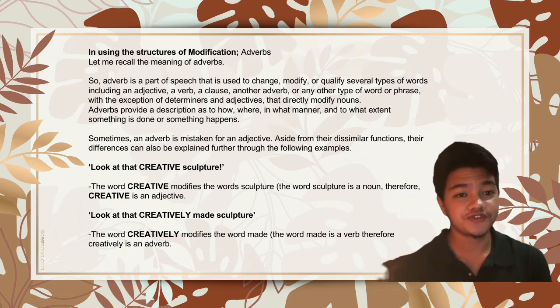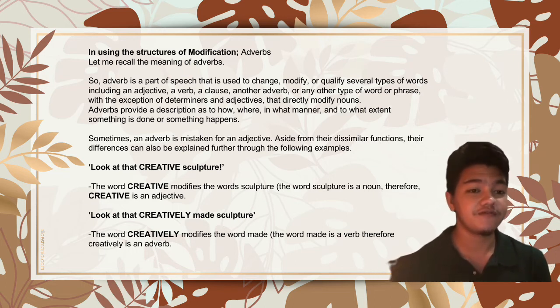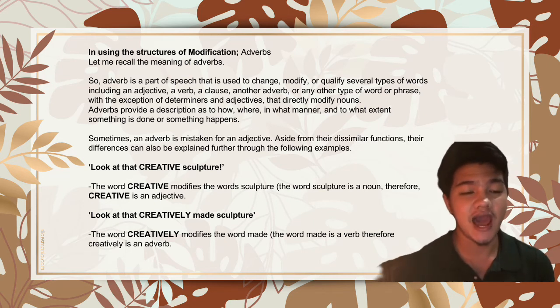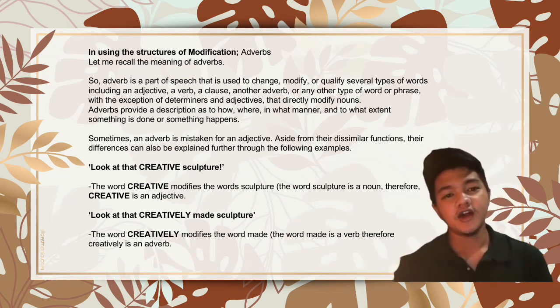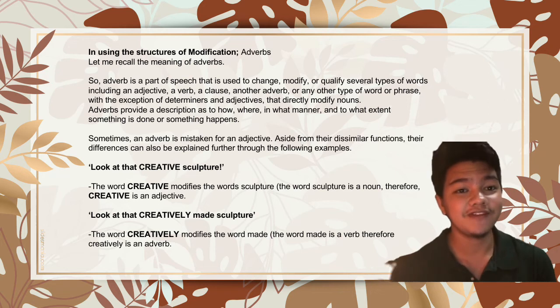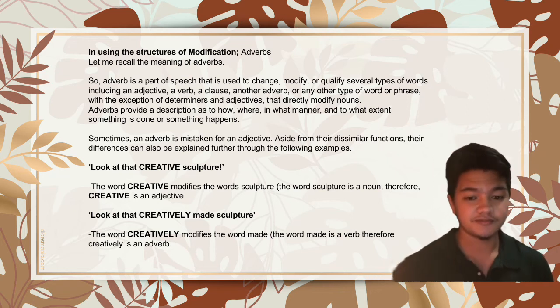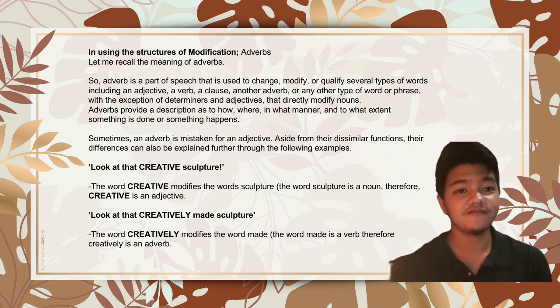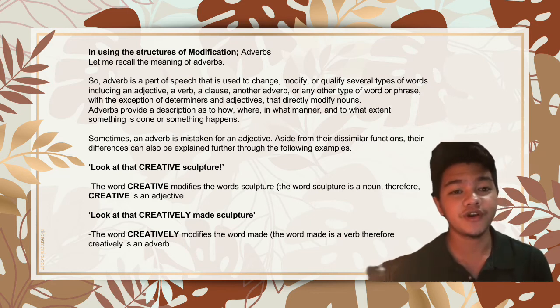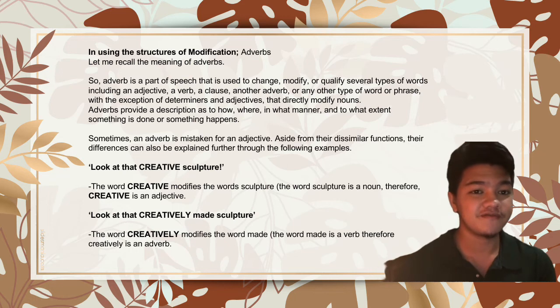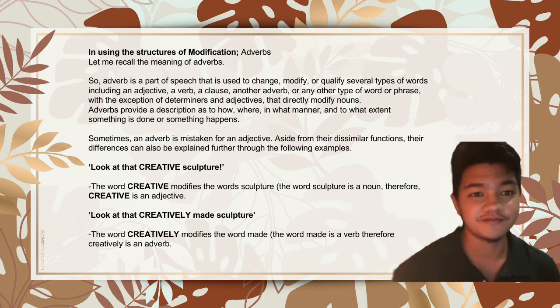The word sculpture is a noun, therefore, creative is an adjective. Look at that creatively made sculpture. The word creatively modifies the word made. So the word made is a verb, therefore, creatively is an adverb.